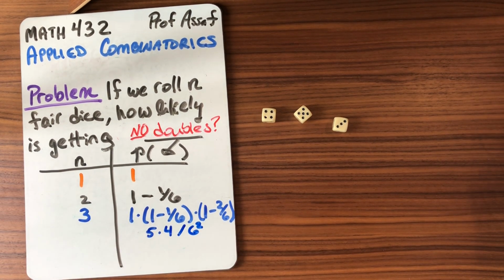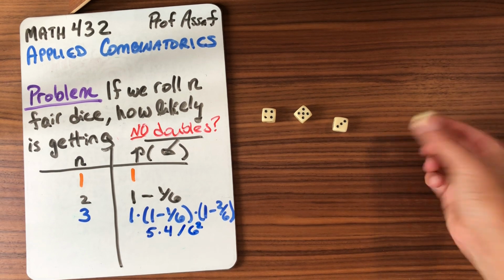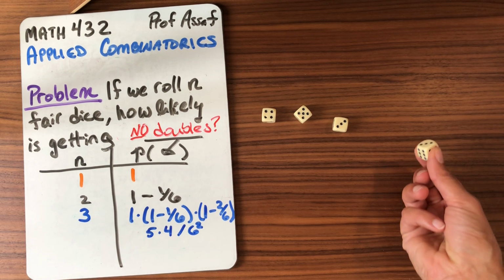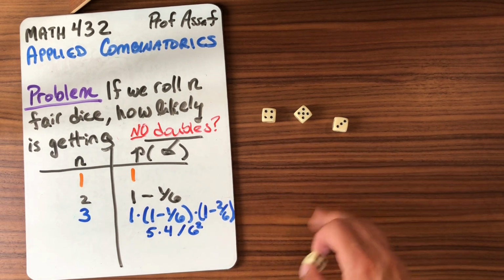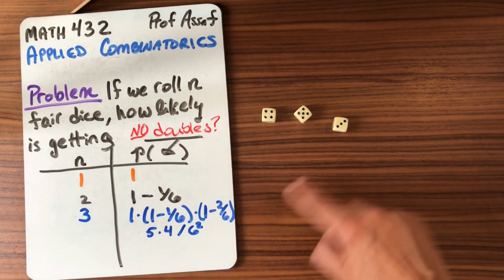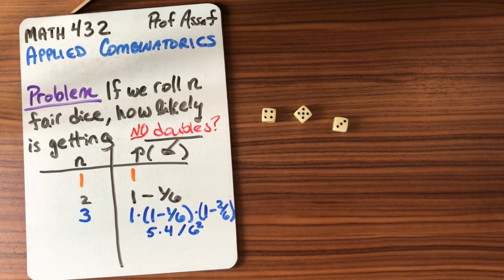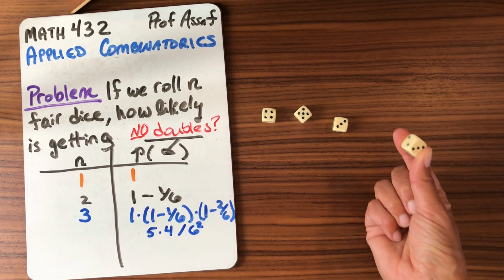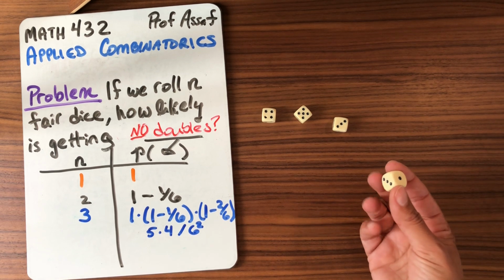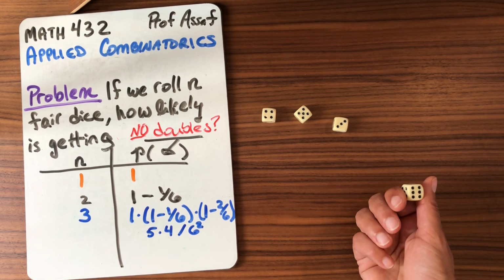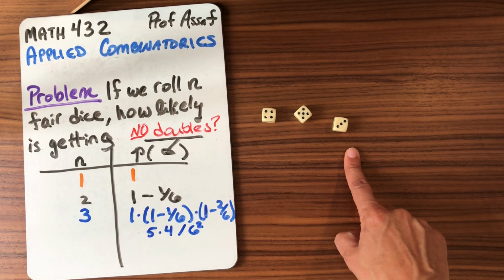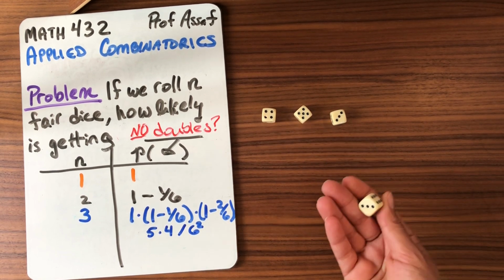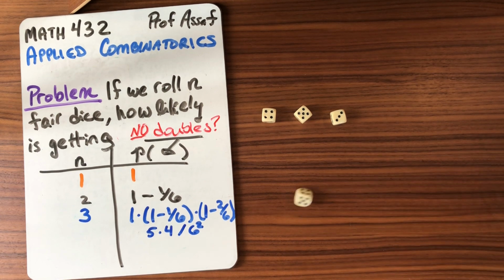Let's keep going. Let's think about what if I added another die? If I want to add another one, what do I get? How does the probability change? Okay, so if I'm trying to get no doubles, then in the first 3 I got no doubles, and I know how likely that was to happen. Now I'm going to do another independent trial, so I'm just going to multiply the outcome. What's the probability that the 4th die that I roll doesn't match any of the 3 I've already rolled? Well, I can't be a 4, a 5, or a 3. So I've eliminated 3 of the 6 options.